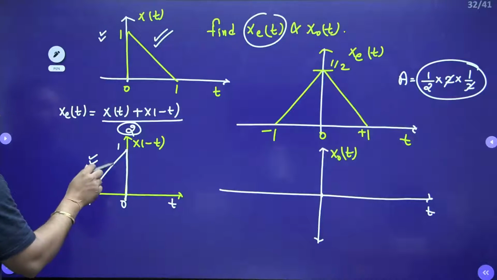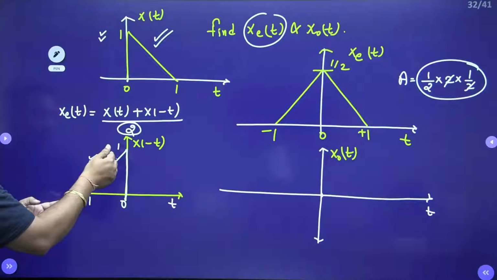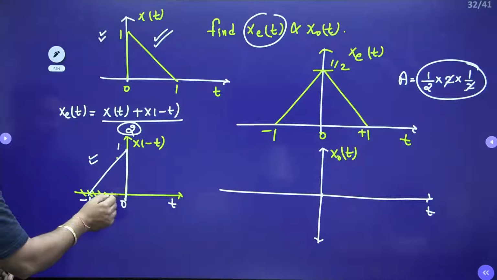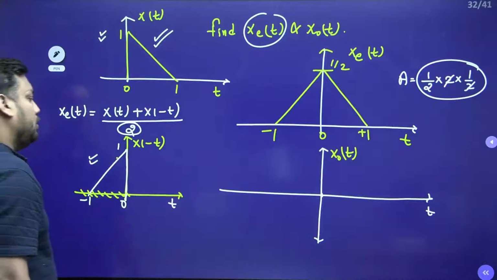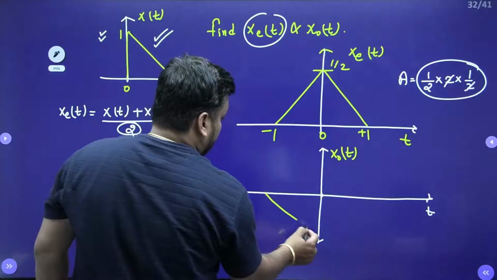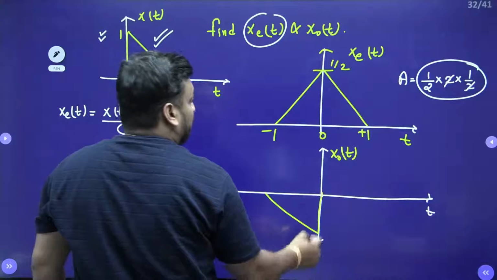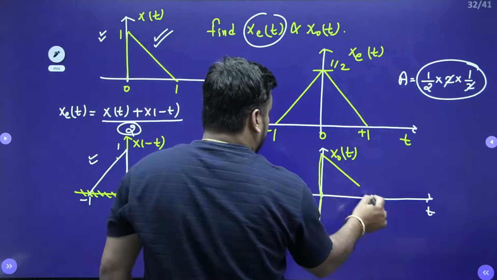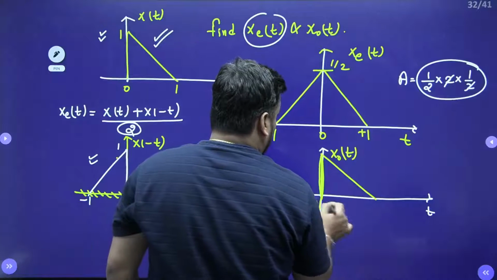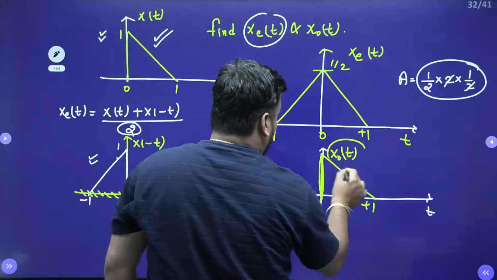If I provide amplitude reversal here, the signal will have a mirror image with respect to the x axis, like this. So you will get a curve like this, and here also like this. So it will be minus 1, 2, plus 1, and this is my odd signal.